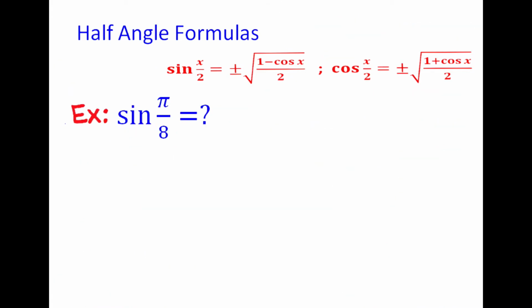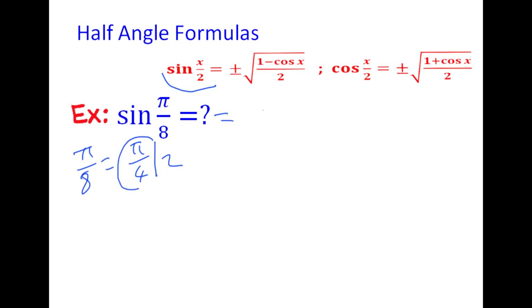And we have our next question. In the question, we are asked to find the value of sine pi divided by 8. So this is the formula that we will be using in this question. Pi divided by 8 can be written as pi divided by 4 divided by 2, right? So that means x can be written as pi divided by 4 in this case.